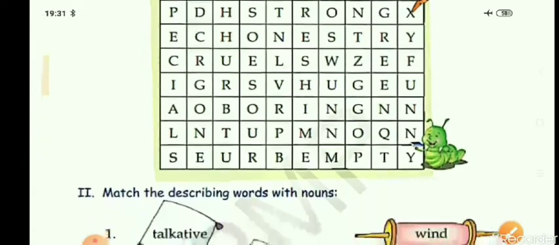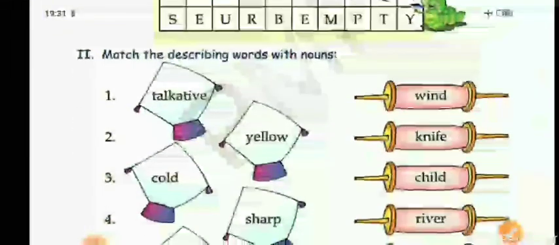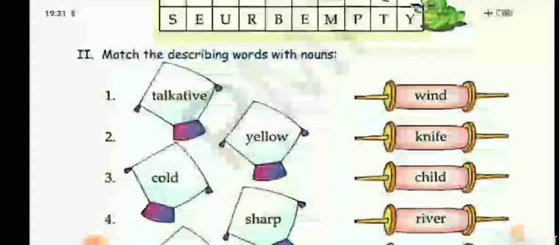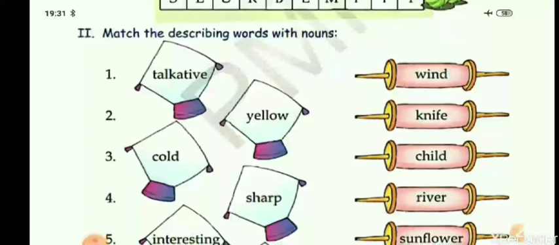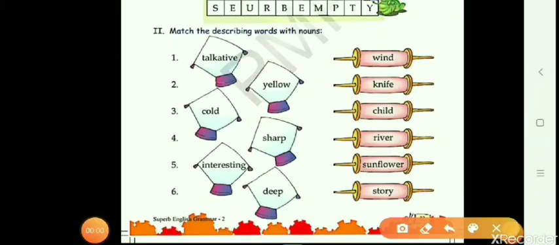Now moving on to the next part of the exercise. This is match the describing words with nouns. Here you can see some describing words are written in the kites. The describing words are: first talkative, second yellow, third cold, fourth sharp, fifth interesting, and sixth deep.